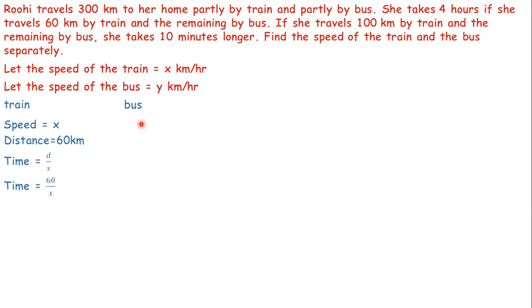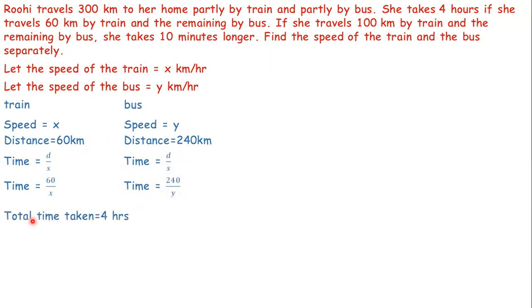And she travels partly by bus. So speed of bus is y km per hour. Distance traveled in bus, remaining distance, means in 300 the remaining distance is 240. So distance traveled by bus in the first case is 240. Time is equal to distance by speed. So time taken to travel in bus is 240 by y.